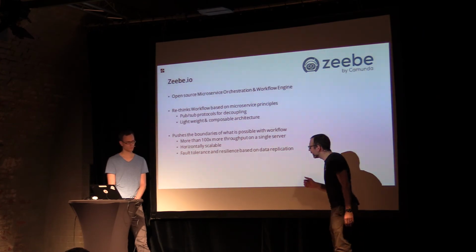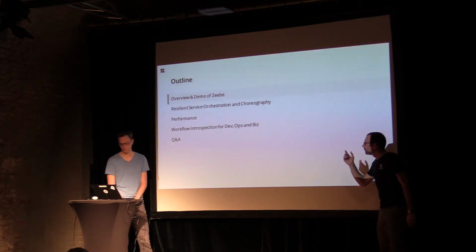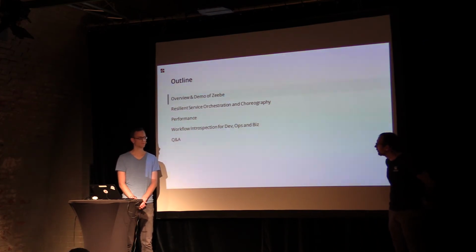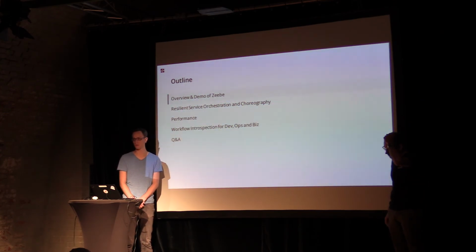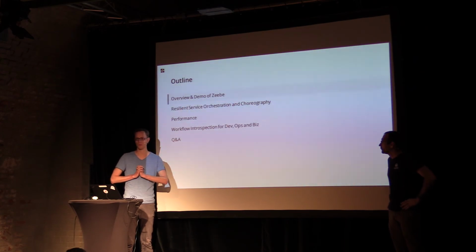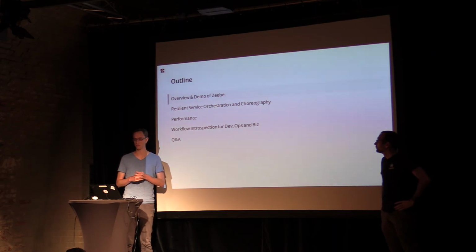So that's the menu. Thorben is going to give us the outline of the talk. Yep. Today we're giving an overview of CB, so the general principles, how it works. We are going to look in particular into how it achieves resilient service orchestration, so how it behaves in the presence of failures in the overall system.